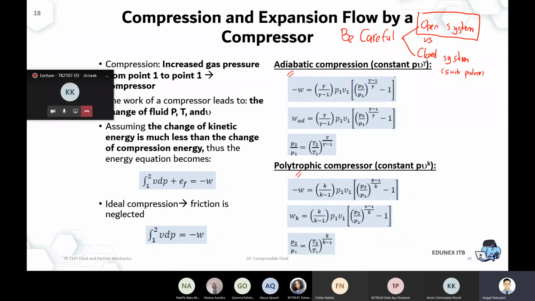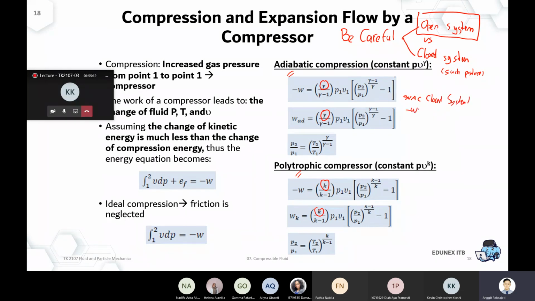The only difference and the biggest difference is the gamma or the K. So before the class on Tuesday, you can check in Smith-Van Ness for a closed system such as a piston.